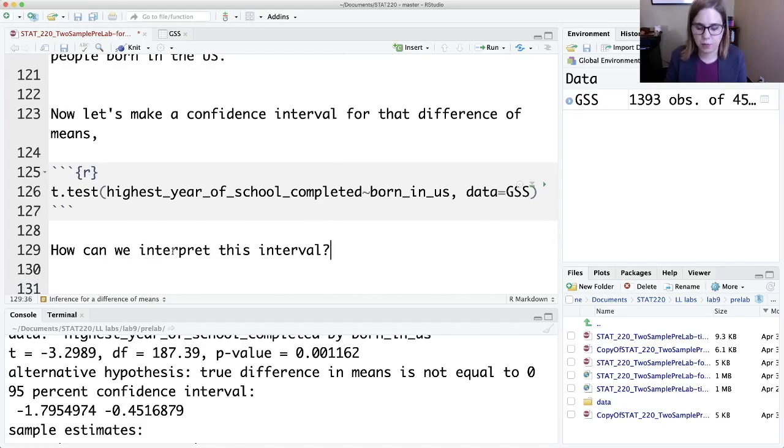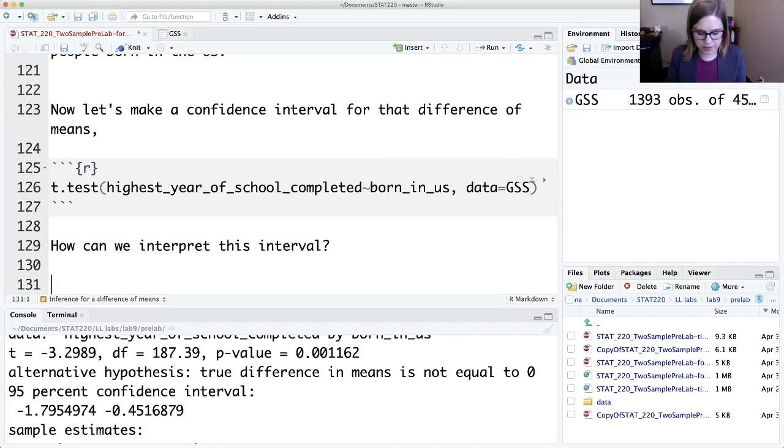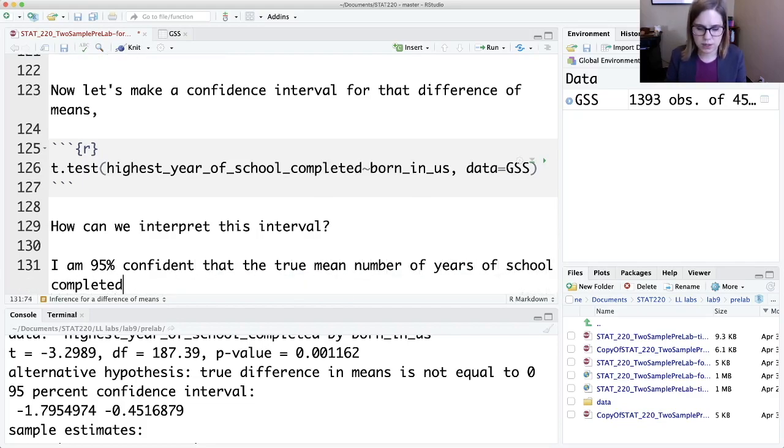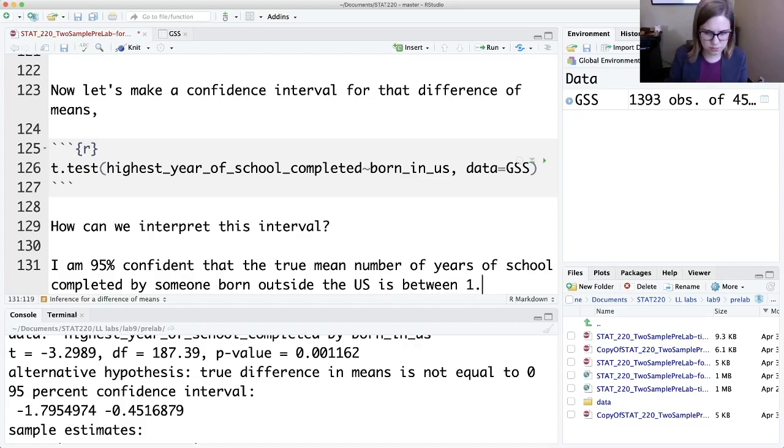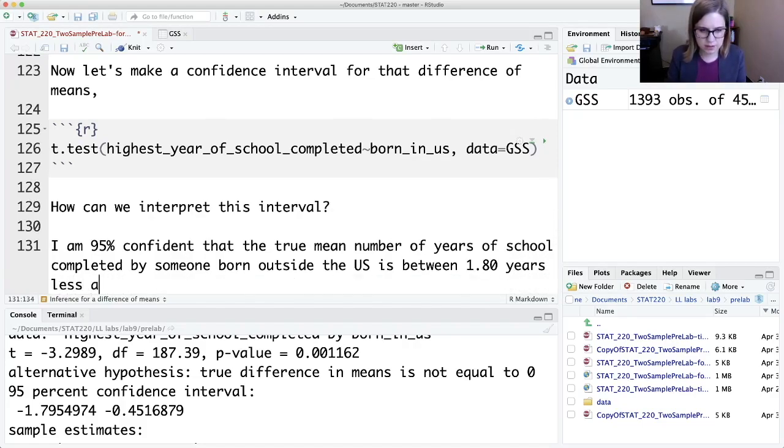So then the question is, how can we interpret this interval? And we could say, I am 95% confident that the true mean number of years of school completed by someone born outside the US is between 1.80, let's say, years less and 0.45 years less than someone born in the US.